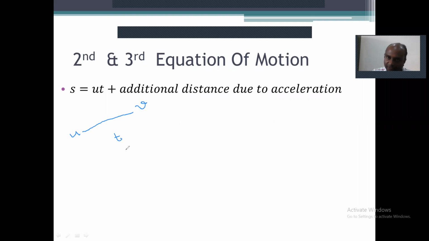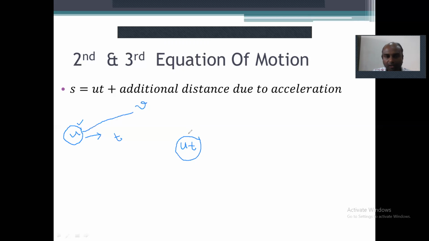The body starts with a speed u and it reaches a speed v after a time duration t. Now a question arises, what if the body was not accelerating and the body continued to move with the same speed of u? Then the distance covered would have been u into t.